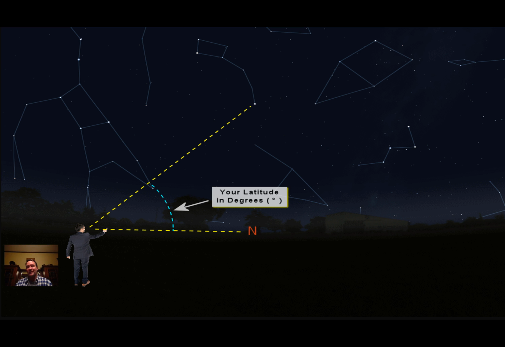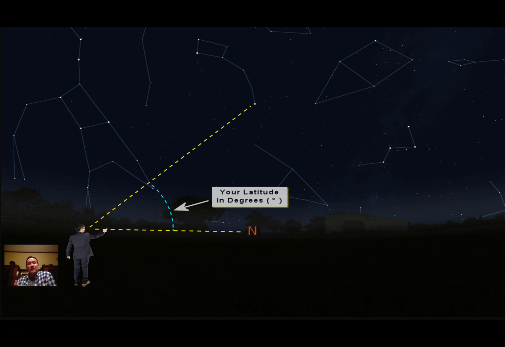You go to New York City. New York City has a latitude of 41 degrees north. Polaris is 41. You go to the North Pole. The North Pole has a latitude of 90 degrees. What does that mean? At 90 degrees, Polaris is at your zenith.